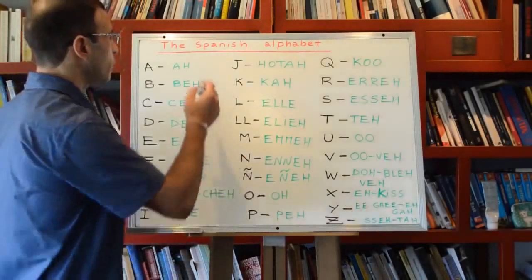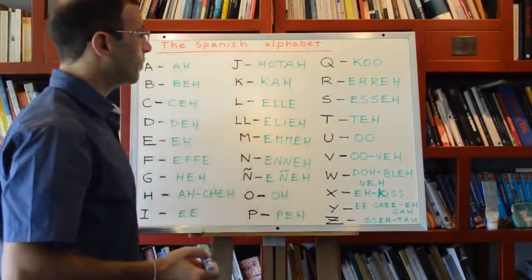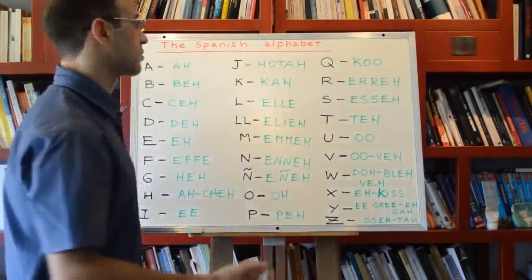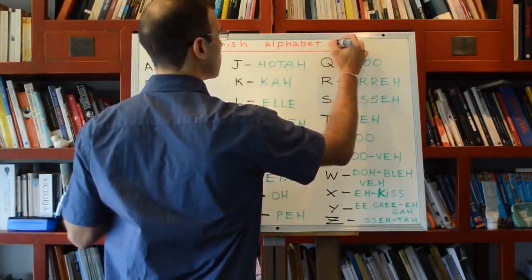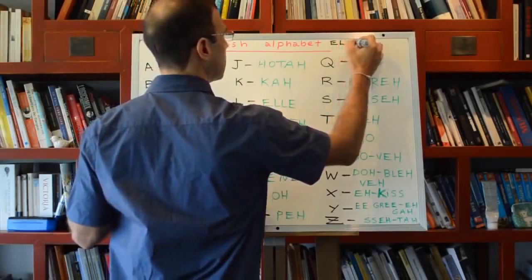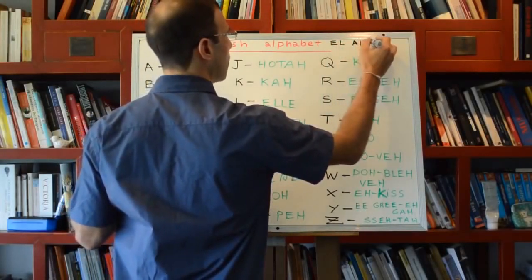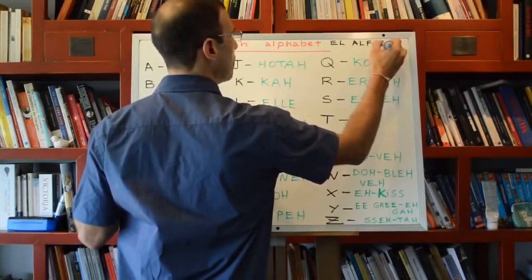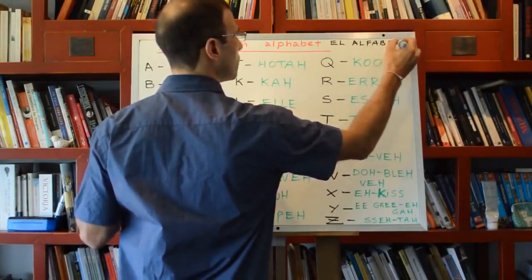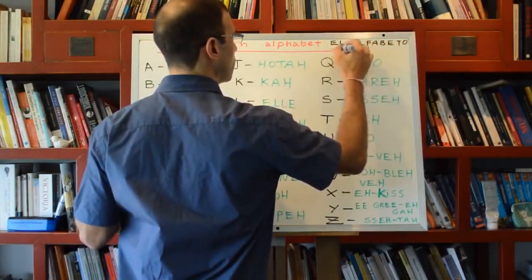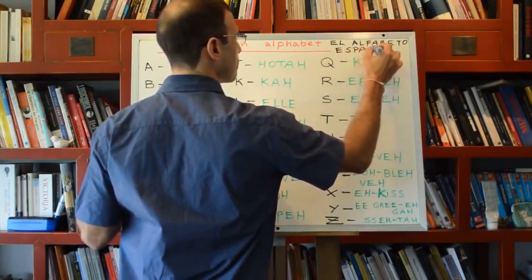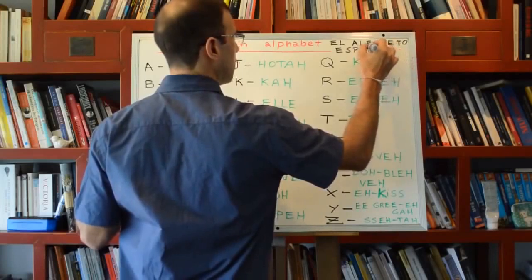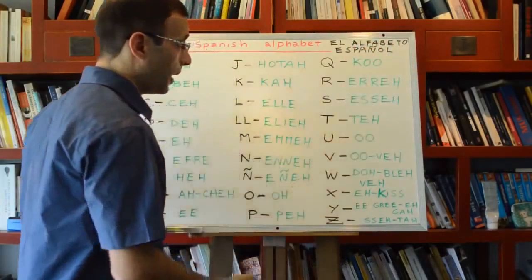Okay? So I forgot to write down the Spanish alphabet in Spanish, so let me write it down for you. El alfabeto español. El alfabeto español, okay?